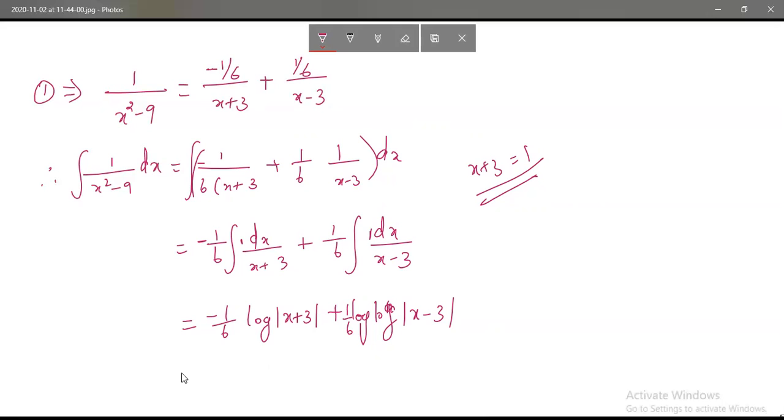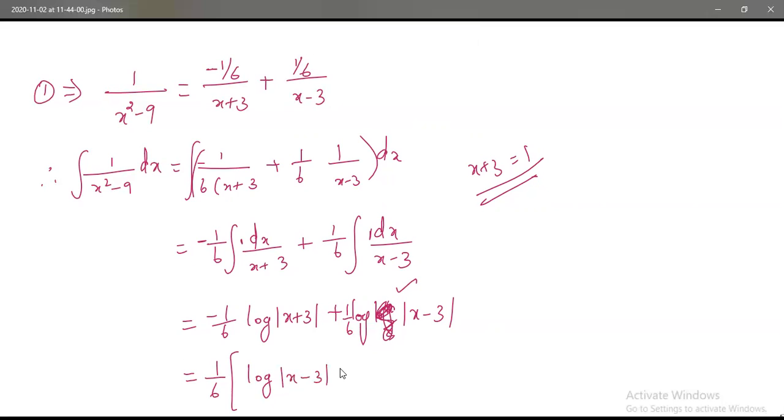So again, you can take the 1 by 6 outside. When you are taking 1 by 6 out, write the positive term first. So you get log x minus 3 minus log x plus 3.